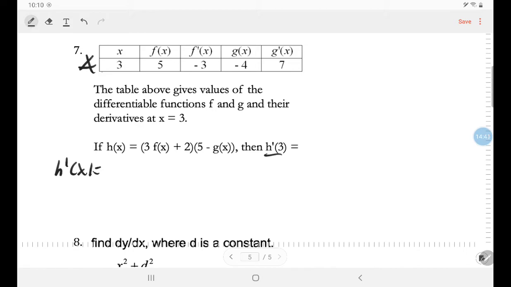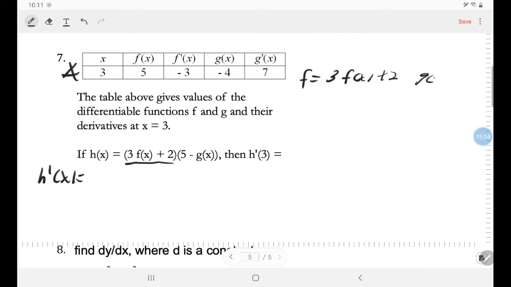So, what do we do? Well, you're certainly welcome to distribute and power rule that if that makes you happy. This is probably one of those times where I find the product rule to be my friend. So, I have an f, which is this first polynomial here, 3f of x plus 2.